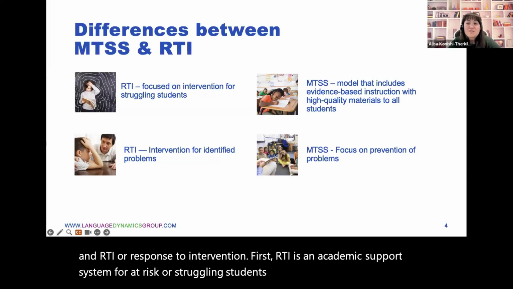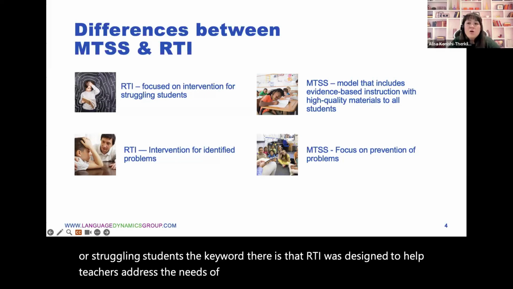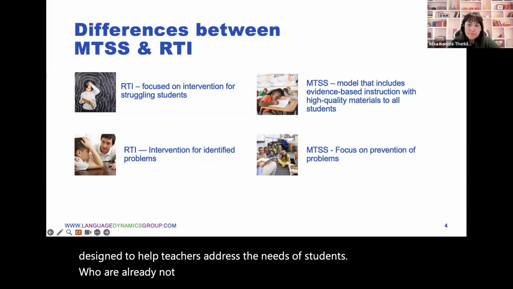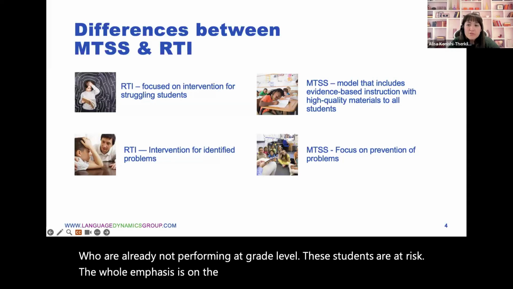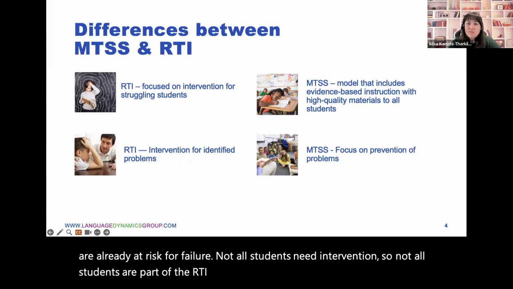The key word there is that RTI was designed to help teachers address the needs of students who are already not performing at grade level. These students are at risk. The whole emphasis is on the identification and support of students who are already at risk for failure. Not all students need intervention, so not all students are part of the RTI process.